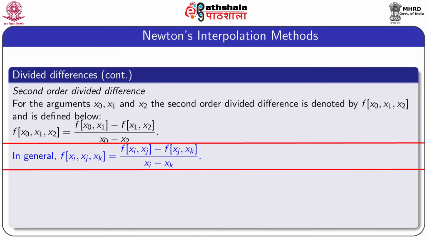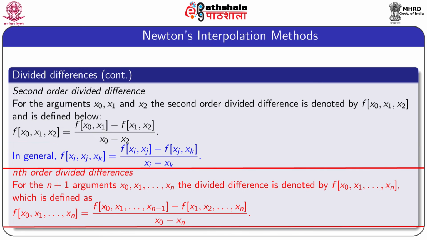And in general for three arguments xi, xj, xk, the second order divided difference is defined as the first order divided difference between xi and xj minus the first order divided difference between xj and xk, and the whole thing is divided by xi minus xk.